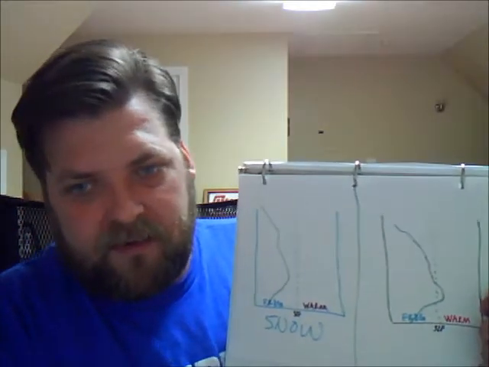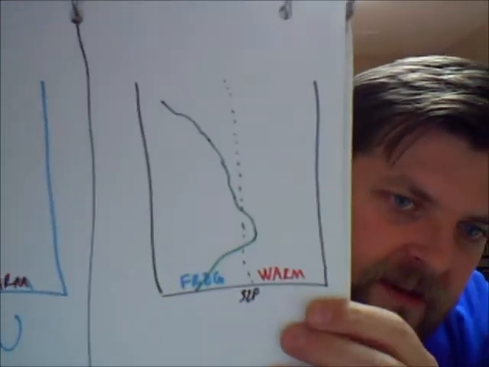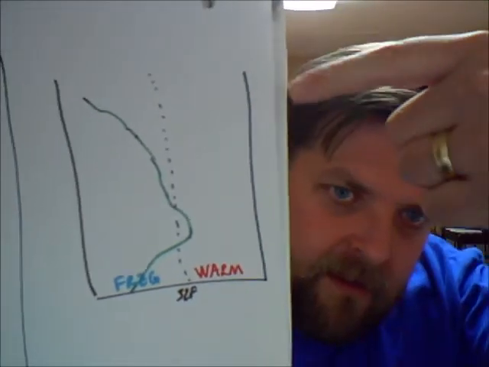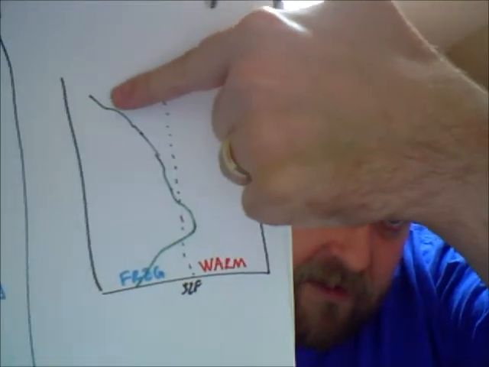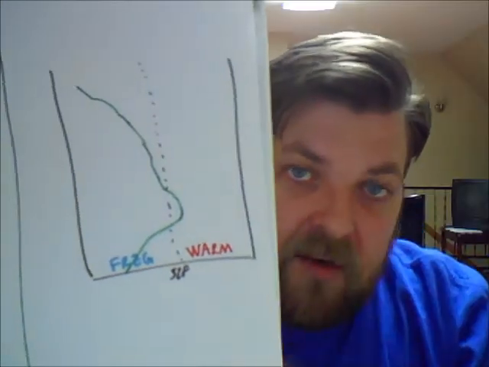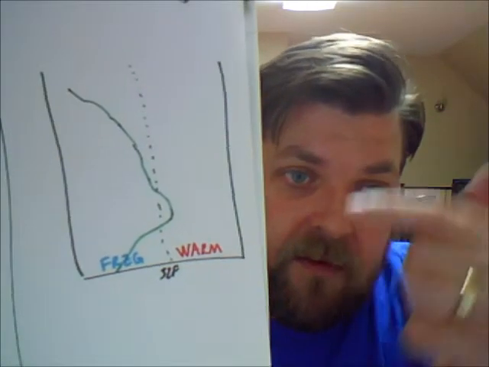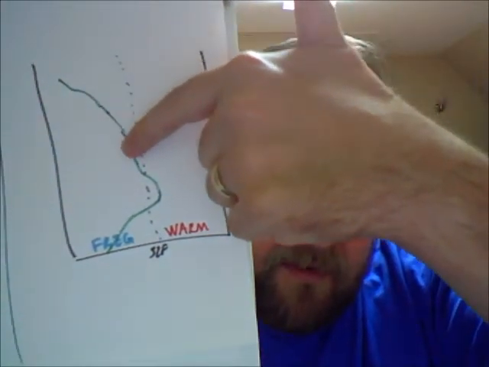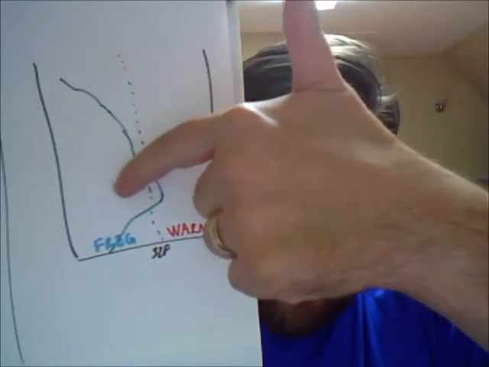In this scenario on the right, we start out as snow below the freezing line, in cold temperatures. So precipitation is going to fall as snow, and then it's going to encounter this little warm nose.